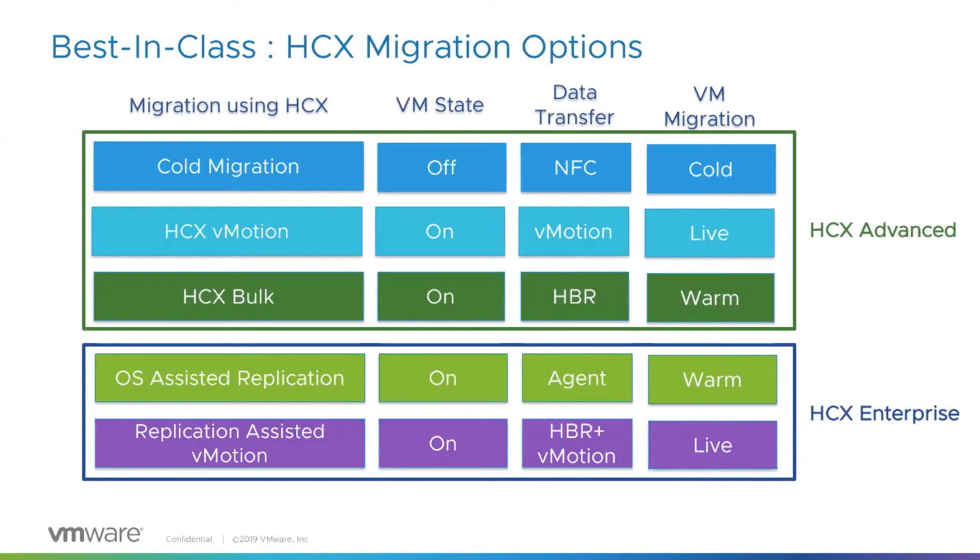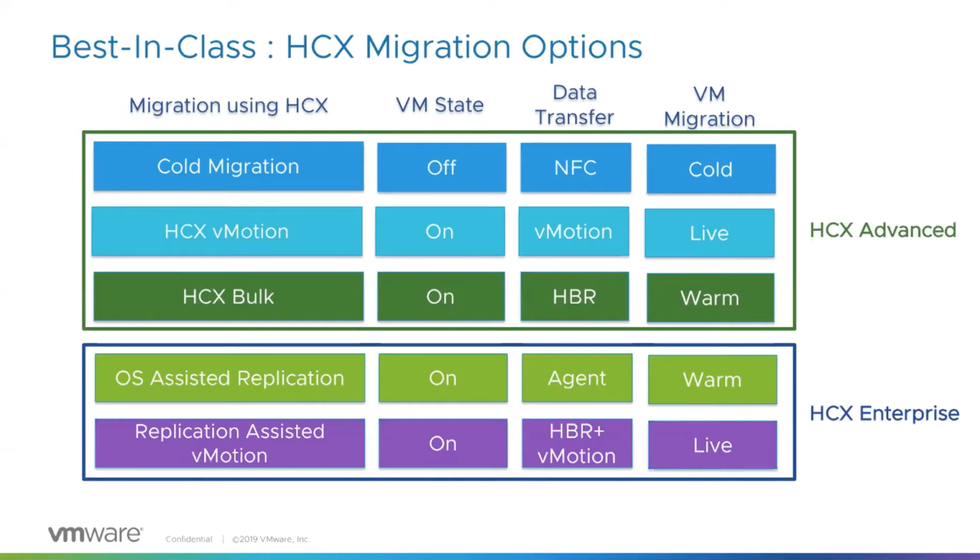Now you can see that there are two boxes, and these two boxes basically talk about the two versions of HCX which are available. So we have HCX Advanced and we have HCX Enterprise. The three options that I spoke about are available with HCX Advanced. The remaining two options are available for HCX Enterprise only.